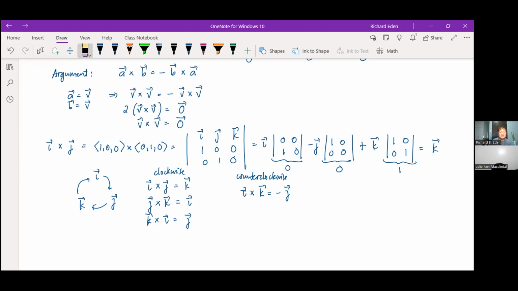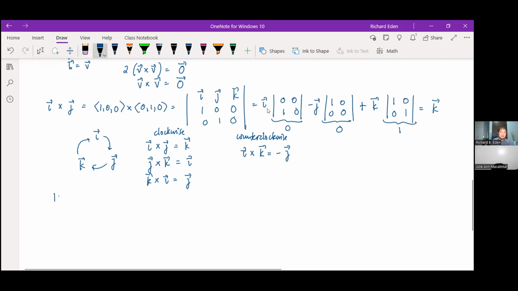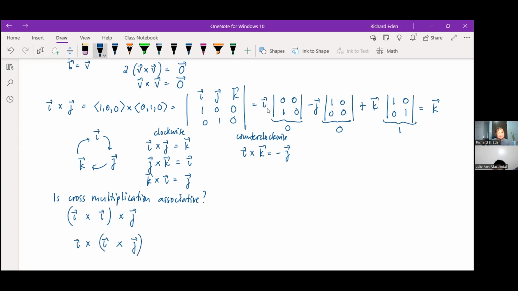Okay, so to the question of, is cross multiplication associative? Let's have a look at the following: I cross I cross J, compared with the following: I cross, with J, but with cross products, it's the second and third which have to be multiplied first.